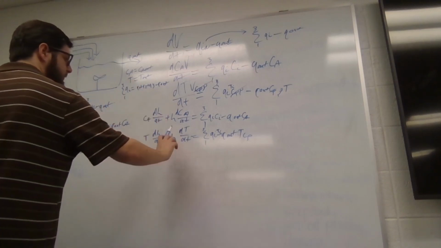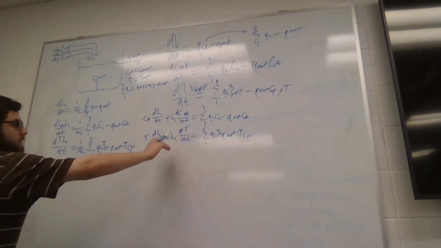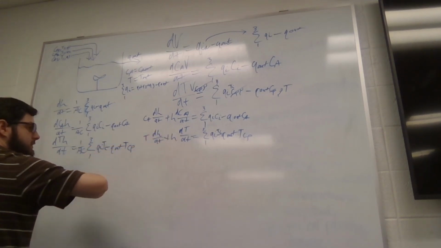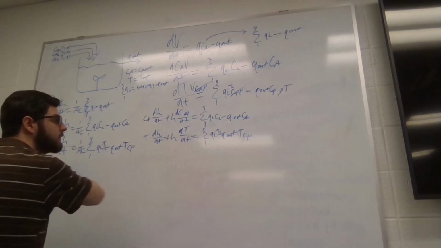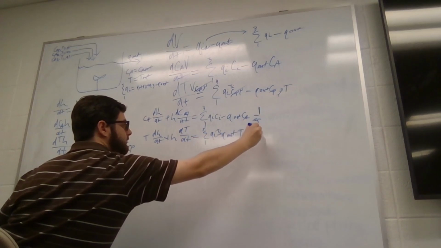Now we can simplify these equations for our final result. To get the derivative on one side, I forgot the 1 over AC term, 1 over the cross-sectional area.